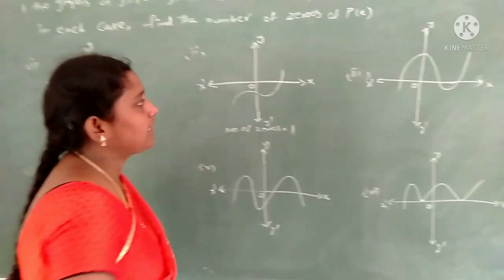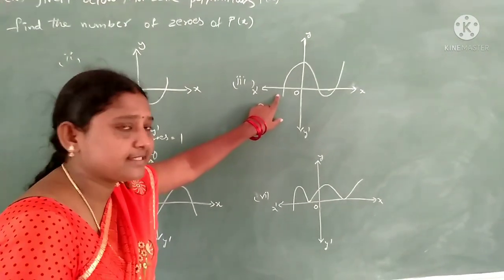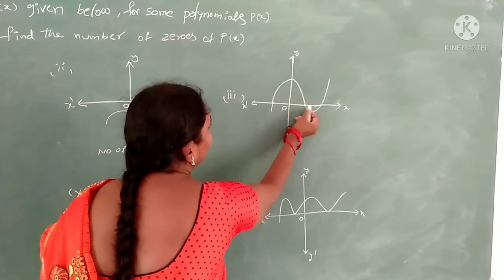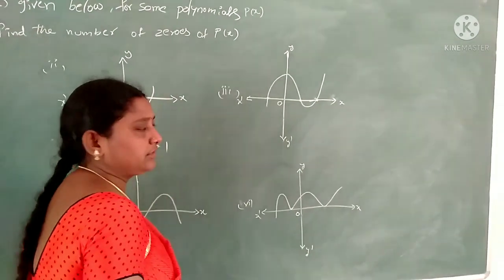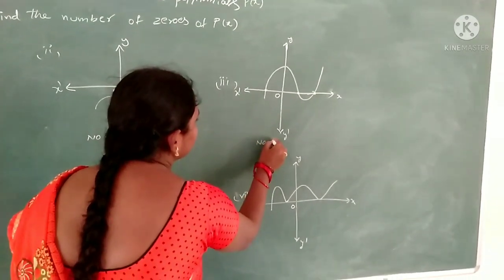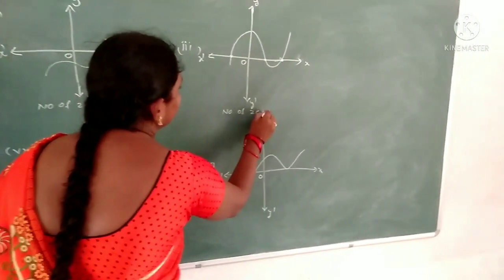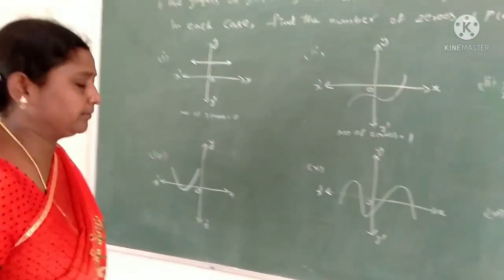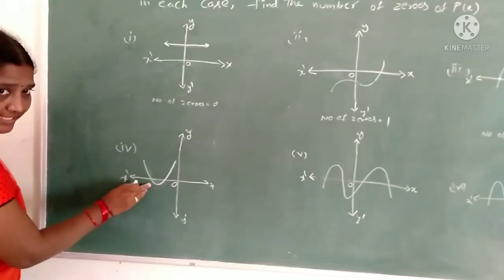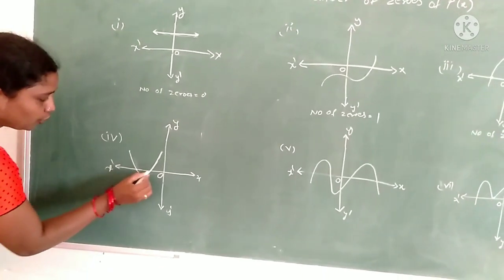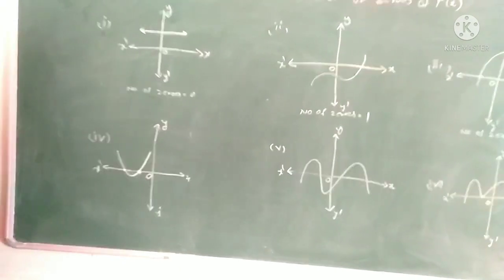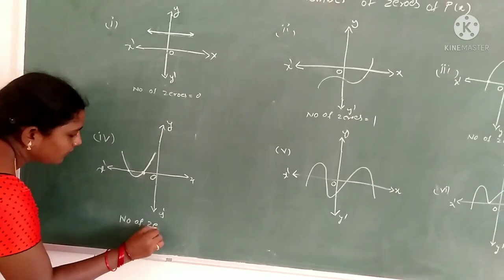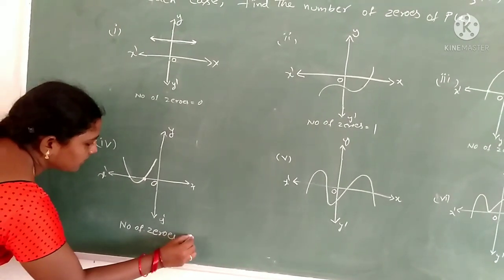1. Next, third problem, the graph cuts the x-axis at 1, 2 and 3 points. So number of zeros equal to 3. Next, fourth problem, the graph touches the x-axis at 2 points. So the number of zeros is 2.